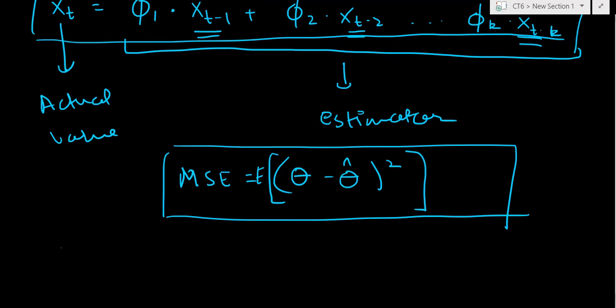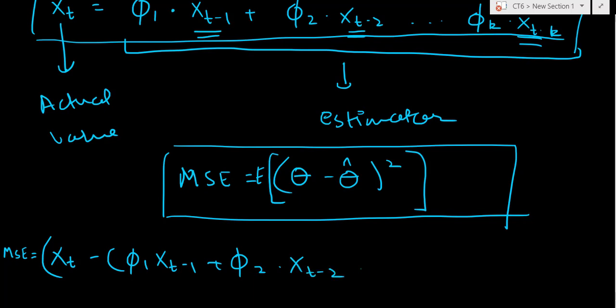So what we'll do is we will try to minimize the MSE, the mean squared error, which in this case becomes the actual value minus the estimator. The estimator is phi 1 xt minus 1 plus phi 2 xt minus 2 plus so on and so forth up till phi k xt minus k.